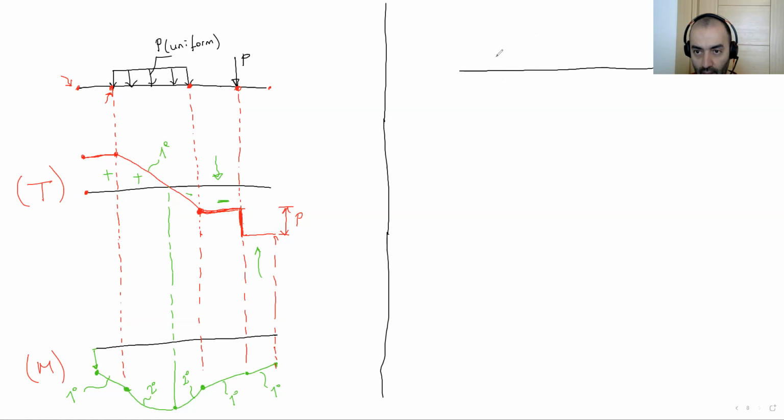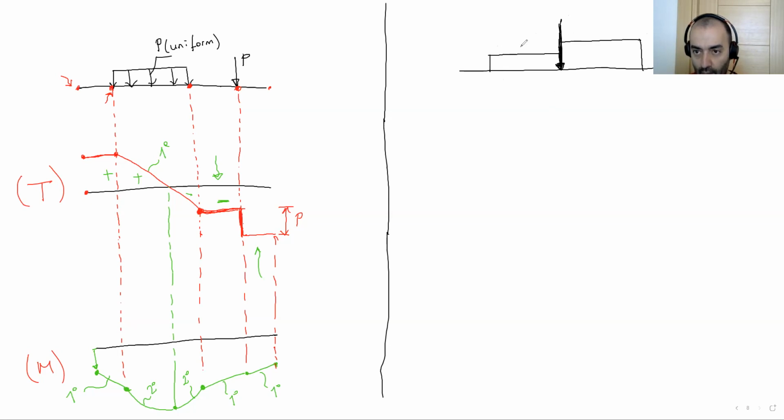If my loading is like this, uniform distributed load, here I have a point load, a uniform distributed load here.